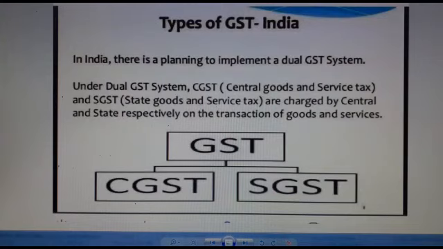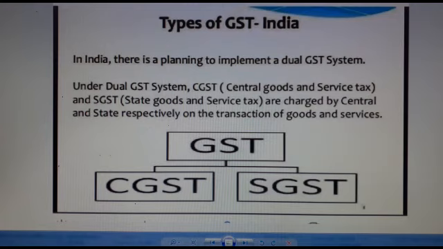There are 2 components of GST. One is CGST and second is SGST. CGST stands for Central Goods and Service Tax. C for Central, G for Goods, S for Service, T for Tax, which is paid to the central government.